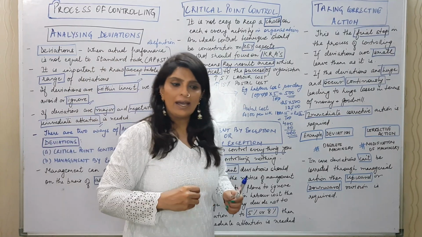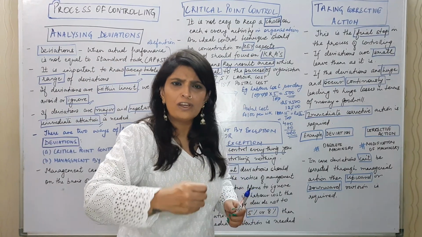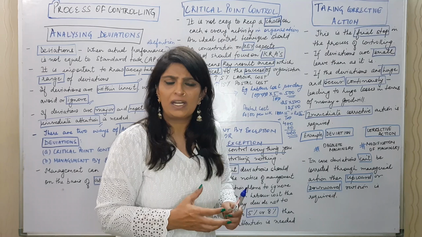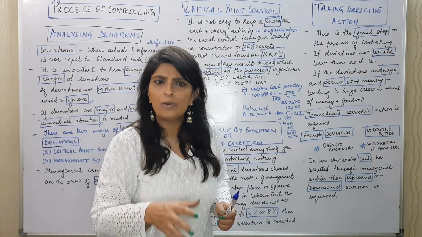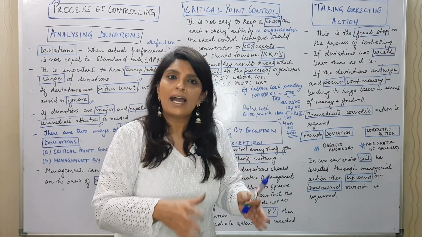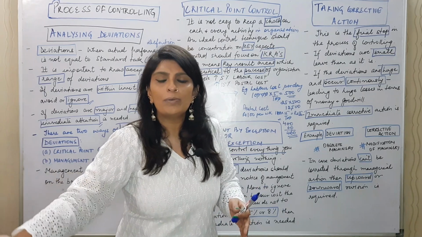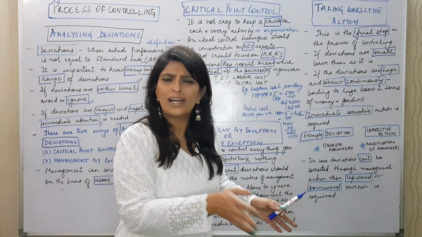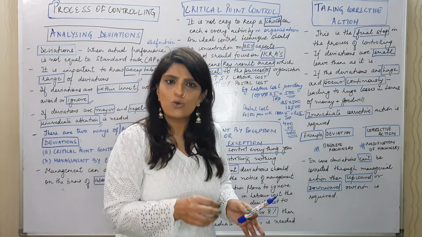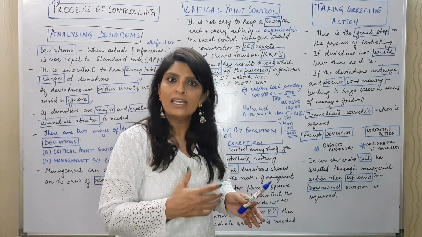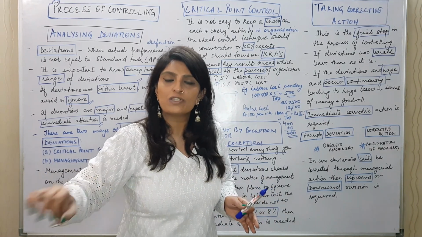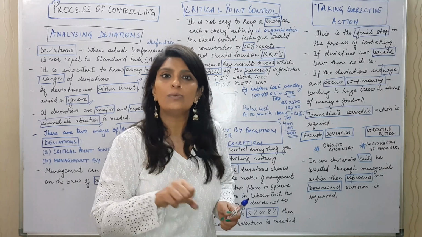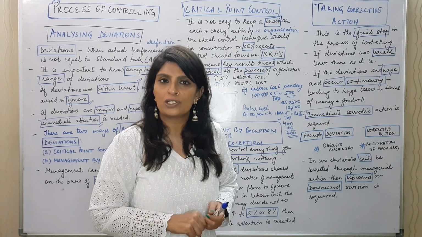If a supervisor checks on every bit of work being done by every single person, the supervisor will get tired in a day or two, and by the third day he'll not be able to concentrate on his work, and the workers will get fed up of him because he's too naggy and too critical about everything which is being done in the organization.